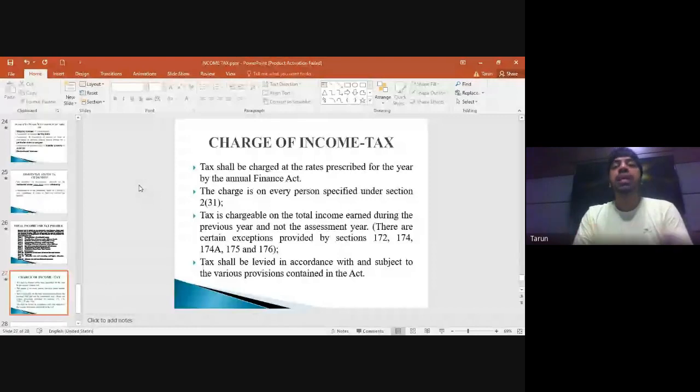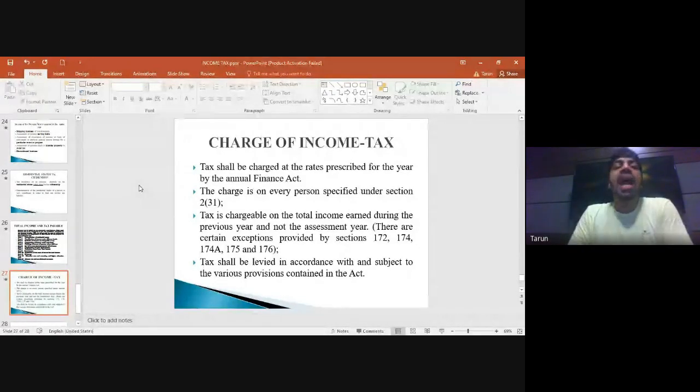There are also exemptions. As I already said, they are provided under sections 10, 11, 12, 13A and 13B. If your case falls under such an exemption under these sections, then it will definitely be non-taxable, so your income is tax free.